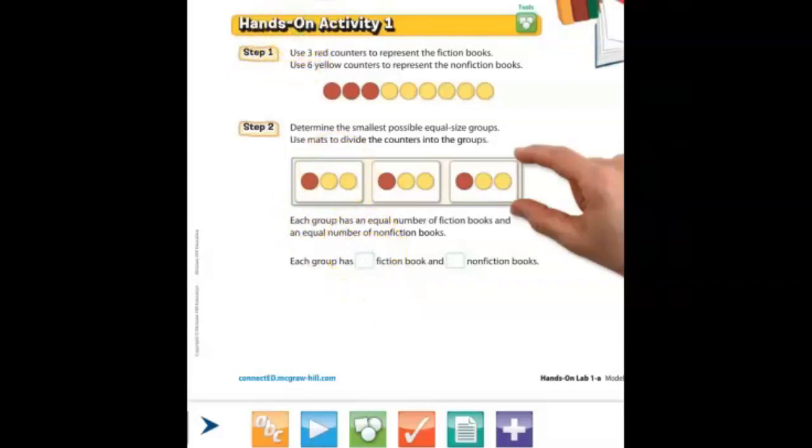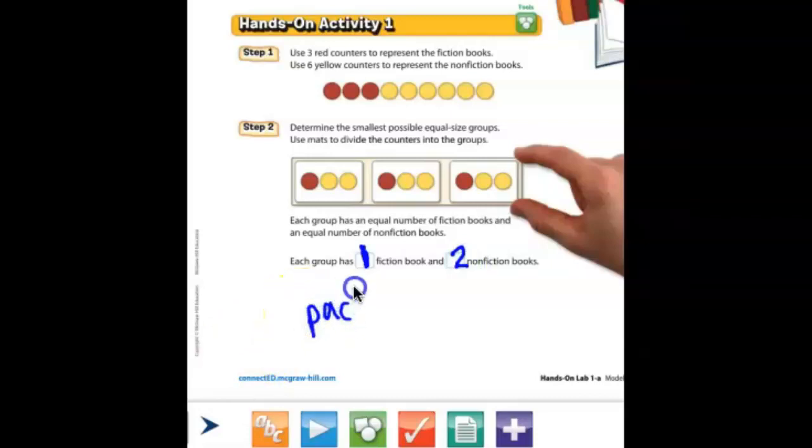Okay, very good. Each group actually has 1 fiction book because there's 1 red counter for each one. And so for each red counter, for each fiction book, how many nonfiction books were they able to give away? That's right. There are going to be 2 nonfiction books in each group. And so how many total packages are they able to assemble?